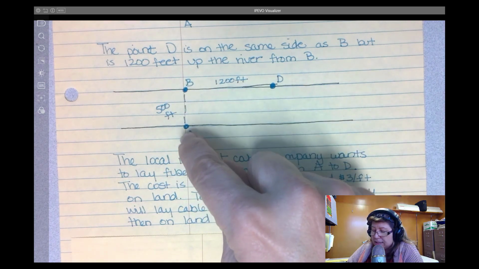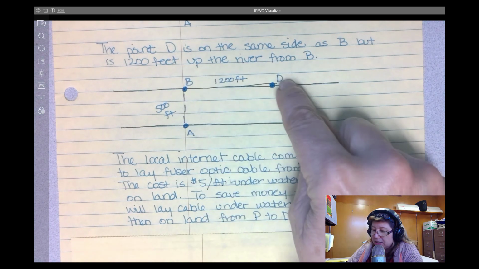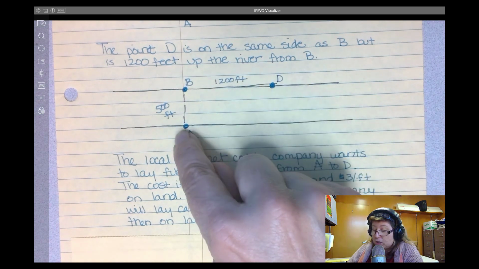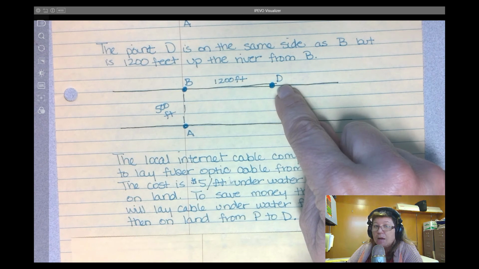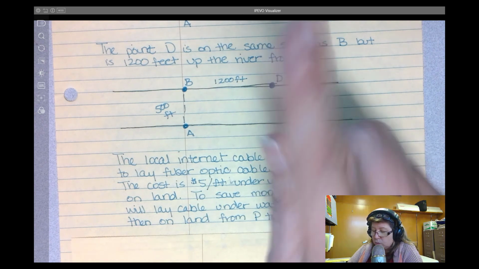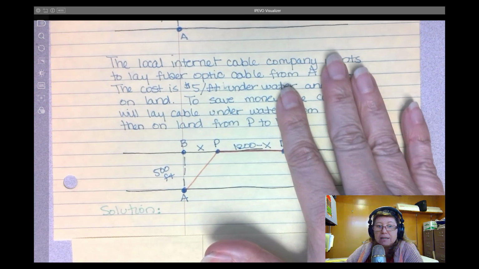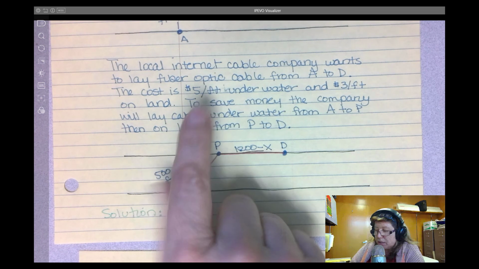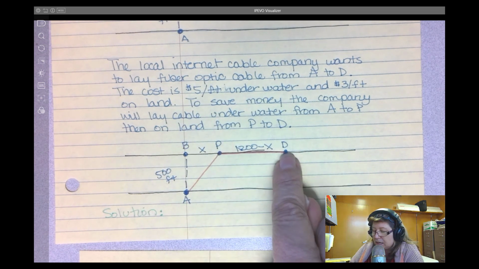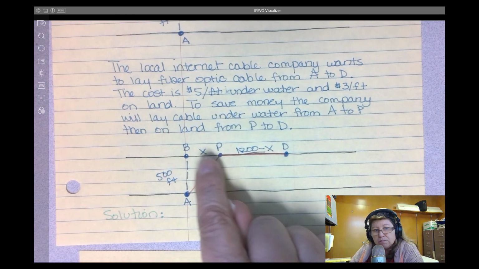The distance from A to B then B to D is longer than going straight from A to D, but the cost would be more because we have to go underwater. So we're going to create this point P that's somewhere in between B and D. I don't know quite where.